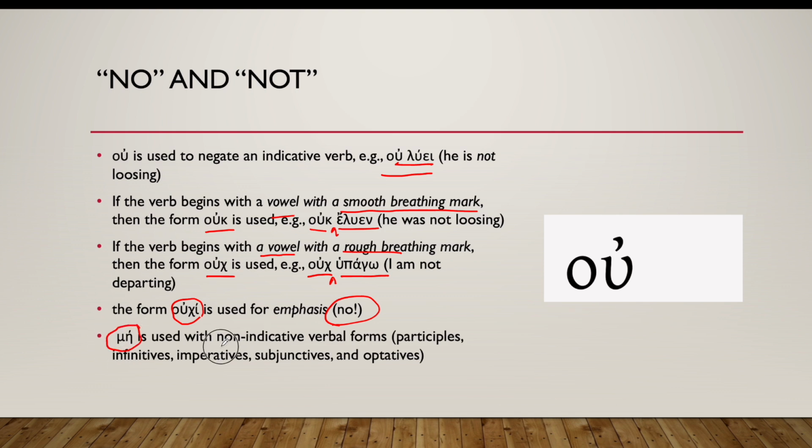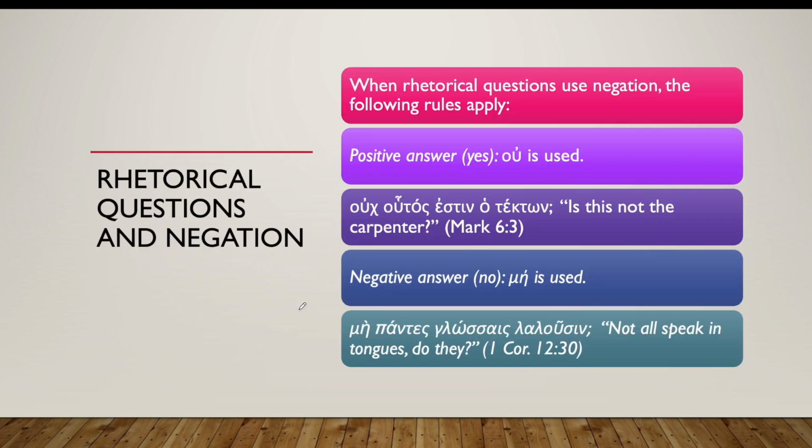And that's used in non-indicative verbal forms. So far we're learning indicatives. Next term, we're going to learn about non-indicative verb forms, like participles, infinitives, imperatives, subjunctives, and optatives. And that uses me as a form of negation. Okay? That's just for your information.